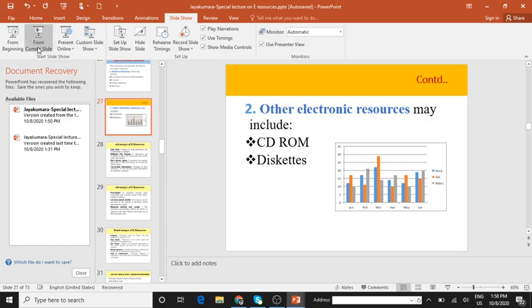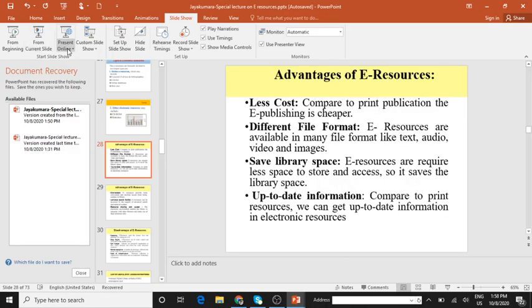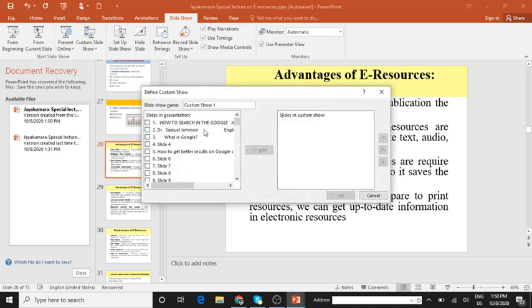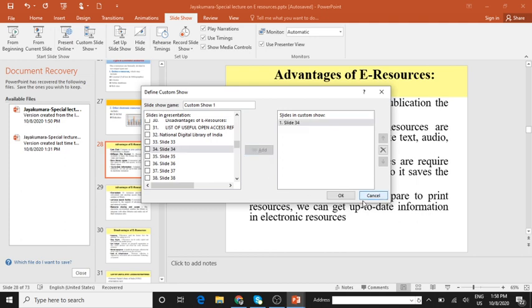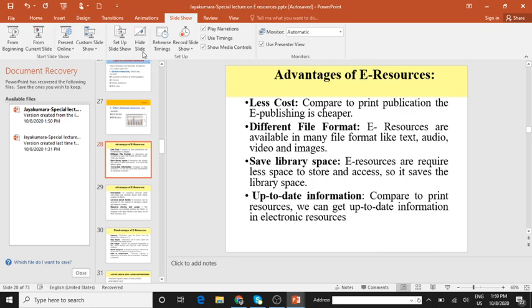Slideshow: you want it from the current slide, or present online, or custom slideshow. You can customize the slideshow. How? Click on Custom Show, New. You can give the slide from where you want to start, then add till where you want and click OK. So that's the custom show.